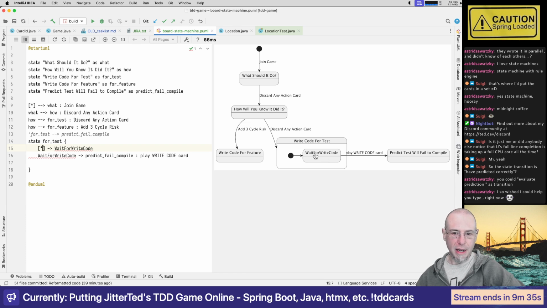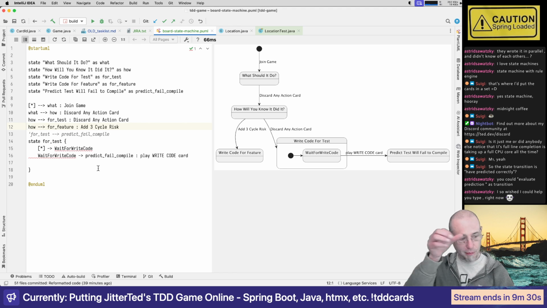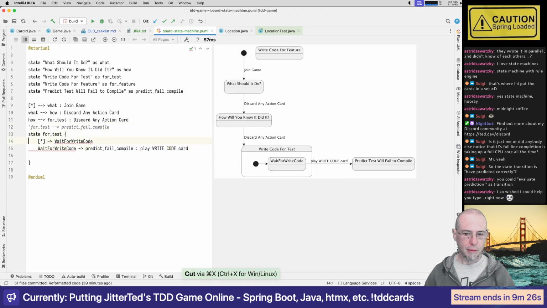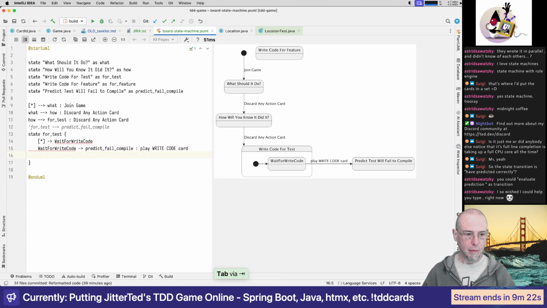So one way you get out, this one is wrong. So one way to exit is this way.